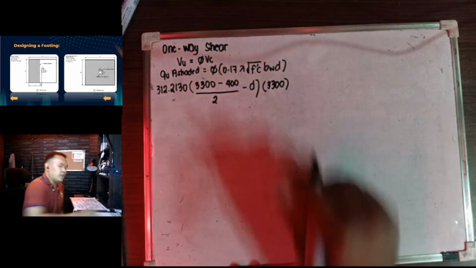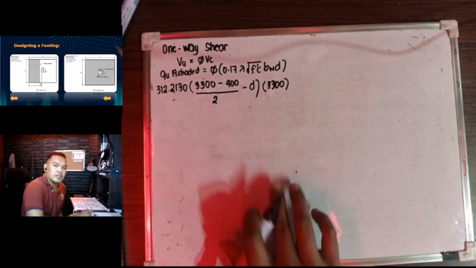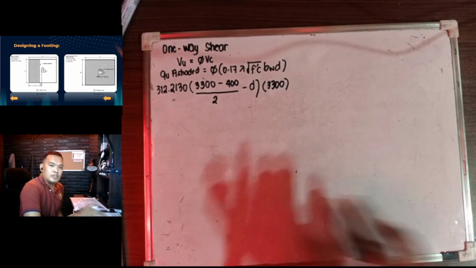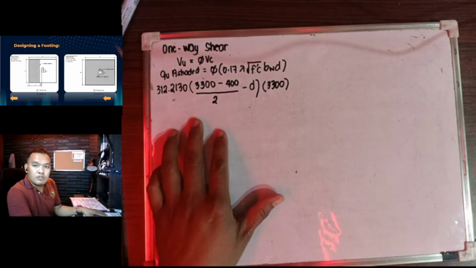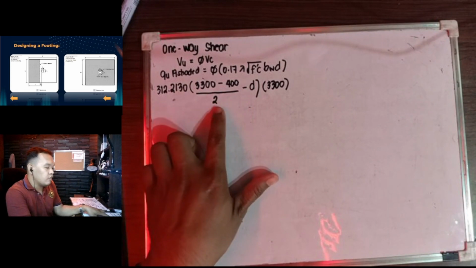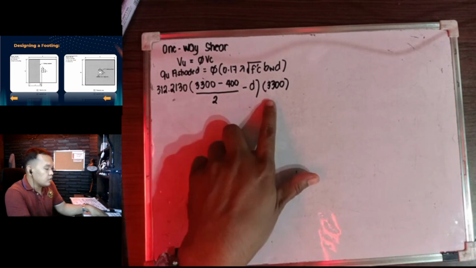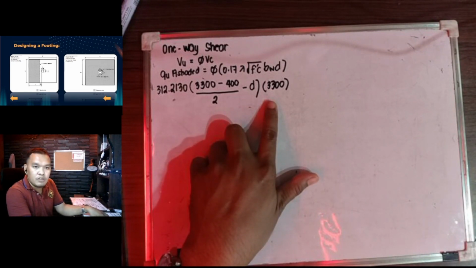Okay? Ito po yung Qu area shaded. So, yung makikita nyo nung 3,300 minus 400 over 2 is ito yon, yung value ng c. Eh, since may distance d pa, para makuha, minus d ka. So, makuha mo itong point na to hanggang dito ang length na to. Times 3,300 kasi yung value ni b, ito, is 3,300.